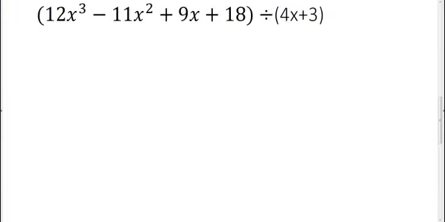The first example we'll look at is 12x cubed minus 11x squared plus 9x plus 18 divided by 4x plus 3. And with this polynomial, we won't have a remainder, but I'll show you how to do it. This should be one of the easier ones. The important part of this is being very careful on how we write it.